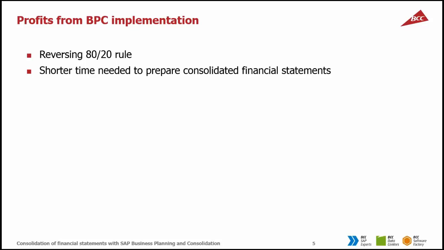This is especially important for companies or capital groups listed on the public markets, but sometimes it is also a very clear requirement from the parent company for the subsidiaries to report faster.